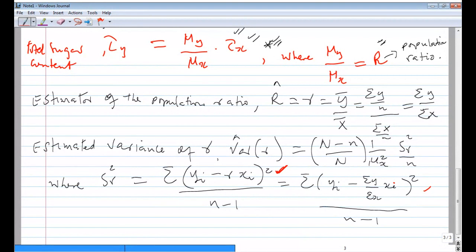Now, let's estimate the population mean under ratio estimation. If you want to estimate the population mean under ratio estimation, we are going to have the ratio estimator of a population mean, mu y. In other words, we're estimating the population mean under ratio estimation.